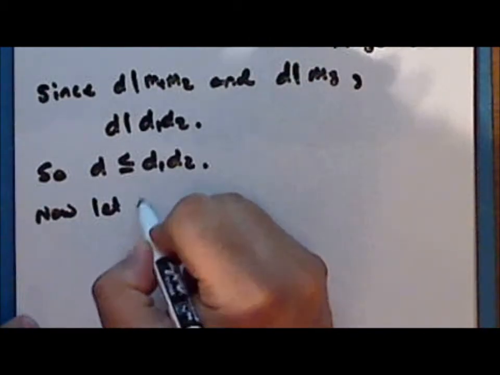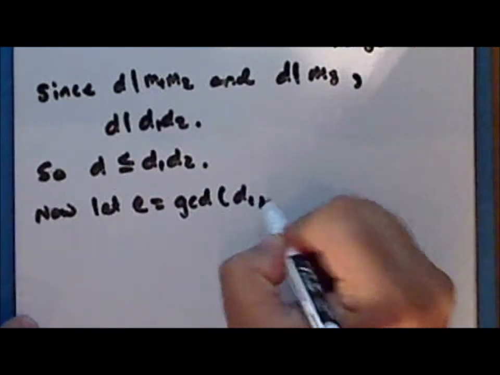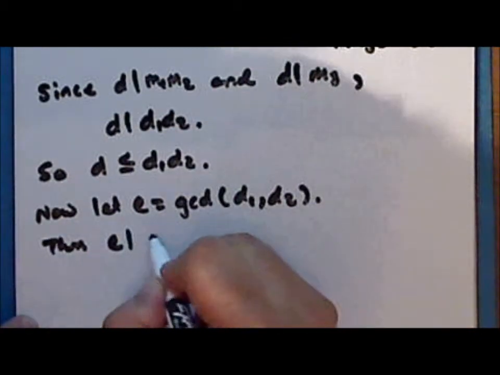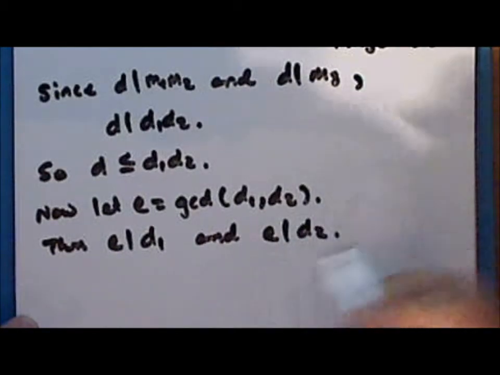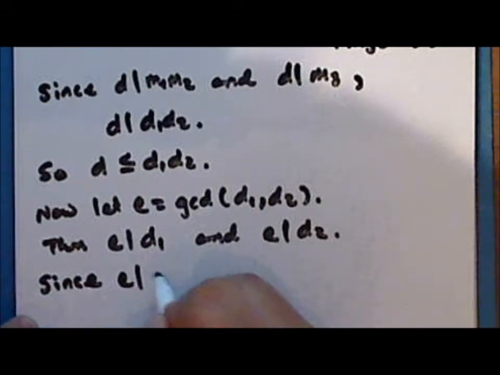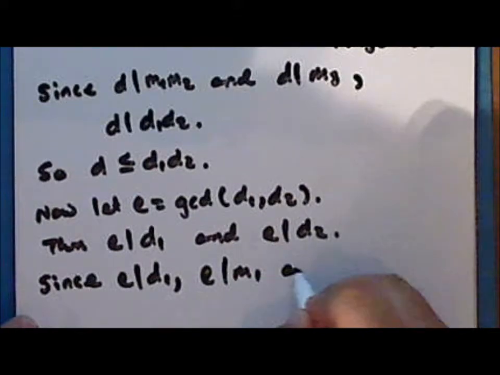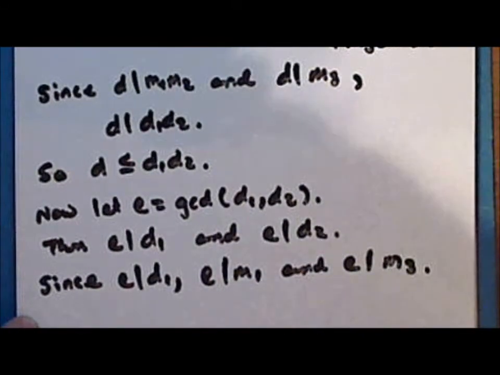Now let E be the greatest common divisor of d1 and d2. Then E divides d1 and E divides d2. And since E divides d1, E divides m sub 1 and E divides m sub 3.